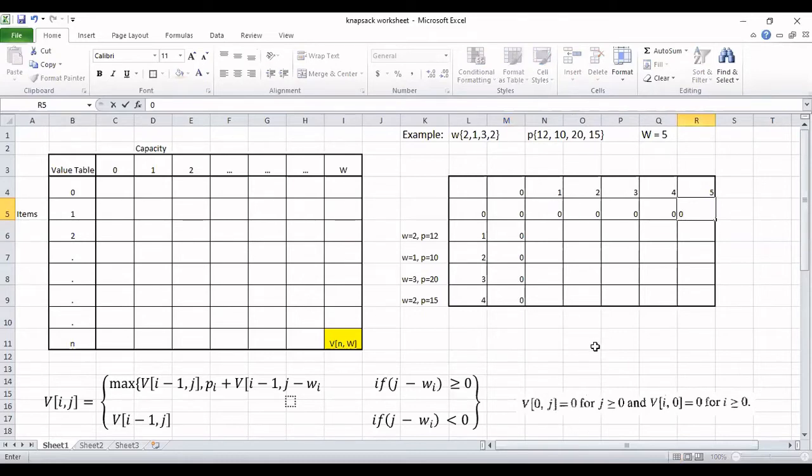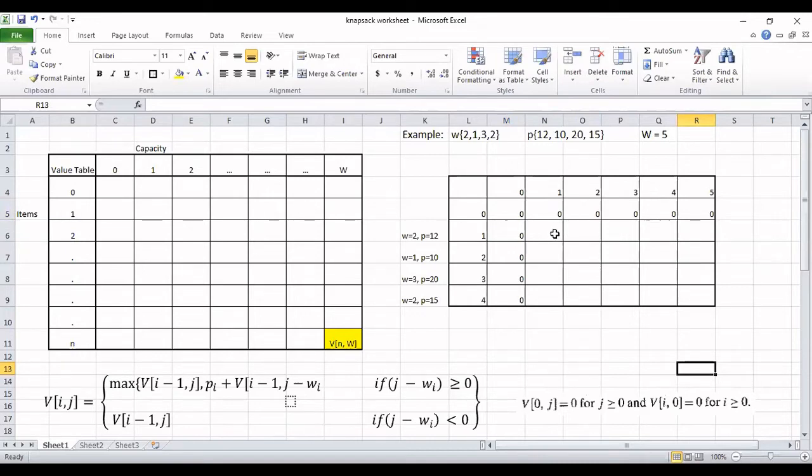The 0th row and 0th column are made as 0. You have also completed it in a similar way.